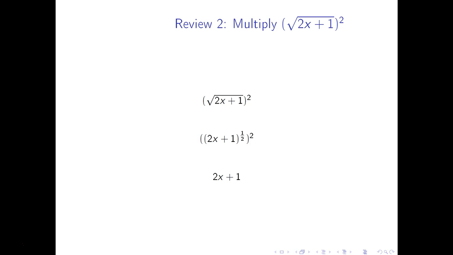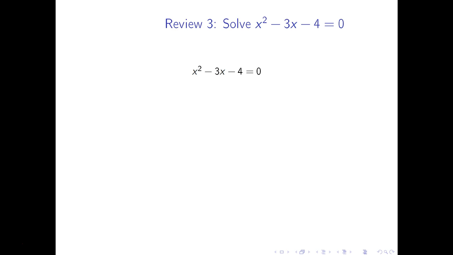Okay, now finally I want you to solve this equation. Go ahead and pause the video and solve it. All right, well, the only method we have for solving quadratics is to actually factor it.